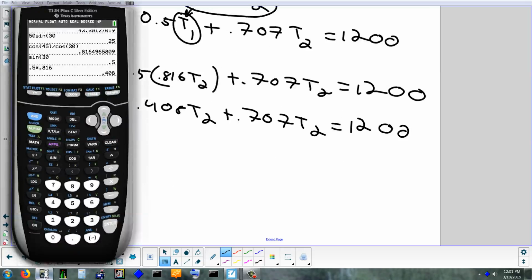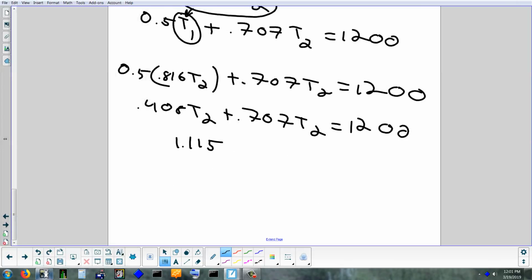Yep, combine like terms. 0.408 plus 0.707 gives me 1.115. And last step to get T2 by itself: divide 1200 by 1.115. Yep.